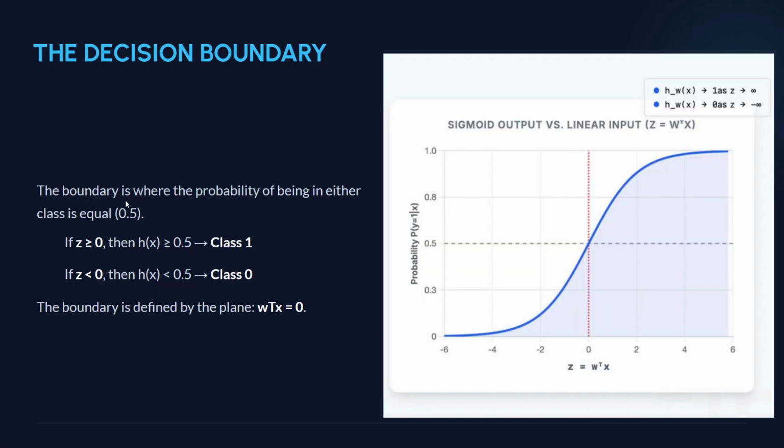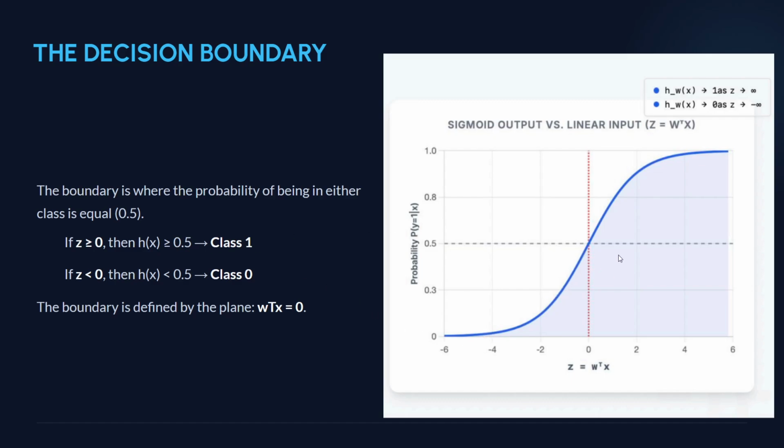Now if the z value is greater than or equal to 0, then our h_w(x) value will be greater than or equal to 0.5, as we know from the sigmoid function. Whenever we put in values greater than or equal to 0, we will get h(x) value greater than 0.5, and when the value is less than 0, the output will be less than 0.5.